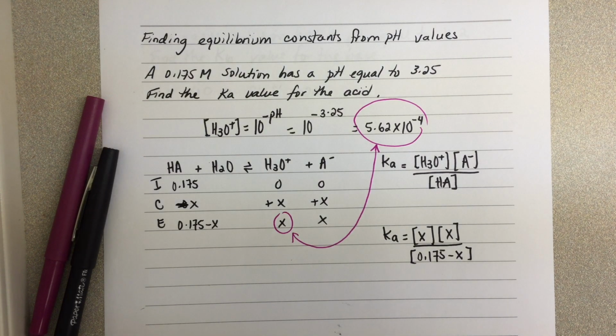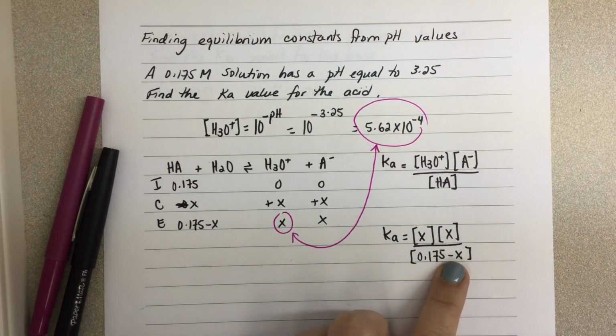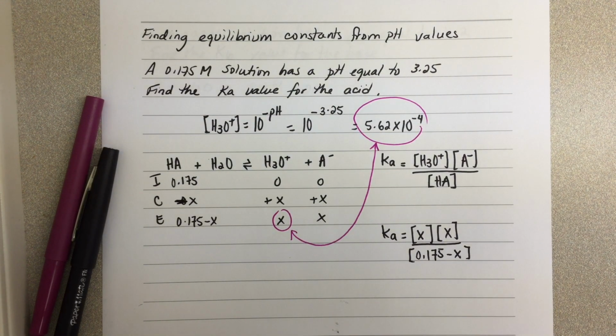In this problem, we're not doing that. We cannot do that because you don't have a value of Ka. We are eliminating that, assuming that your initial concentration and concentration at equilibrium are the same, because your Ka is a small number or your Kb is a small number.